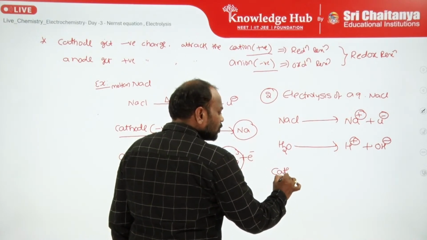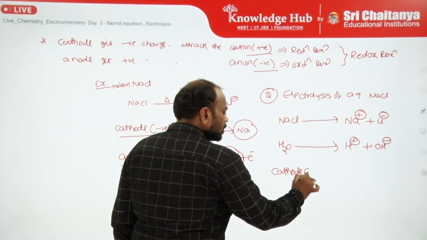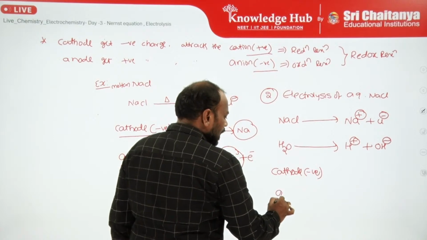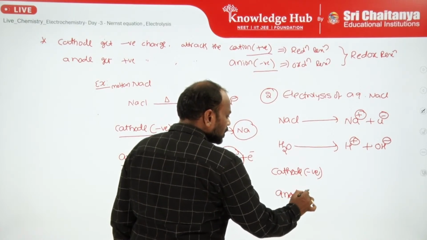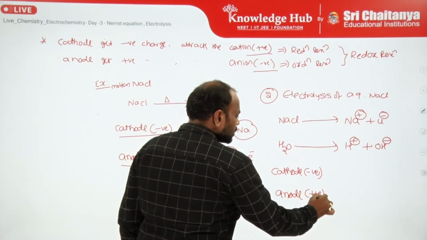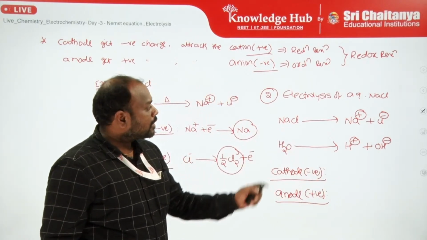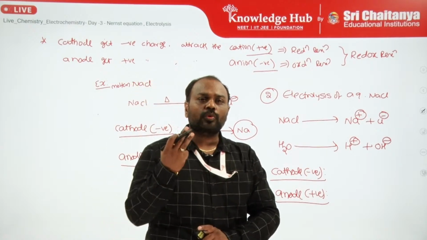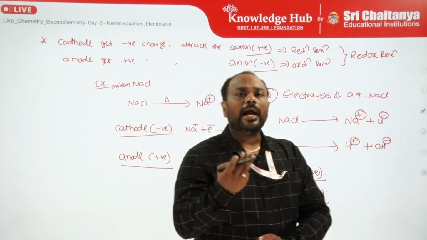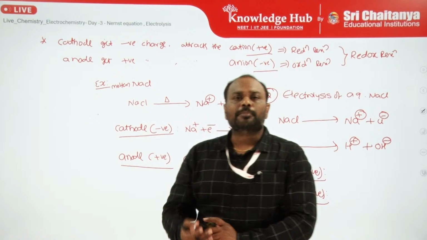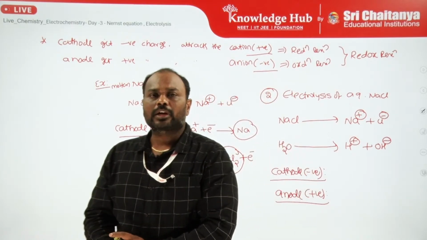So what is the sign of the cathode? Negative charge. Anode, positive charge. Which ions are migrated towards the electrodes? In this condition, we get two cations and two anions, so we have a doubt about which ion migrates.